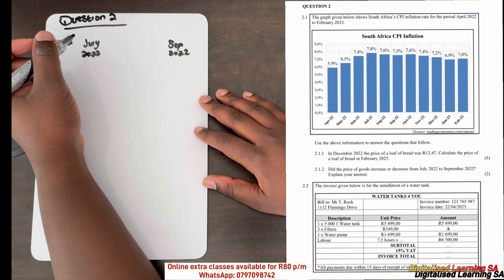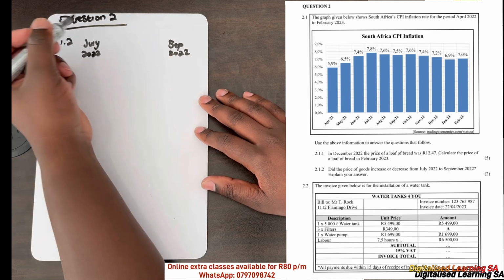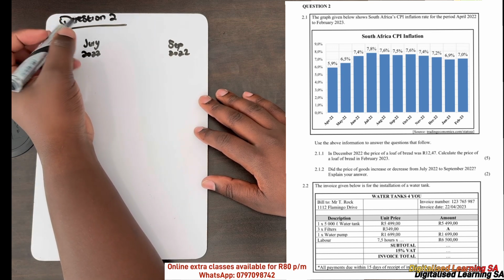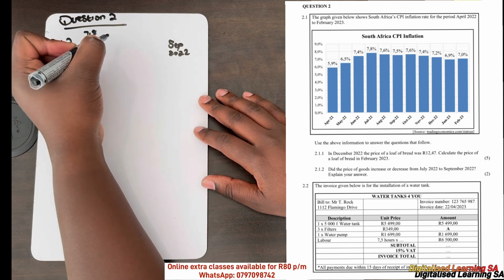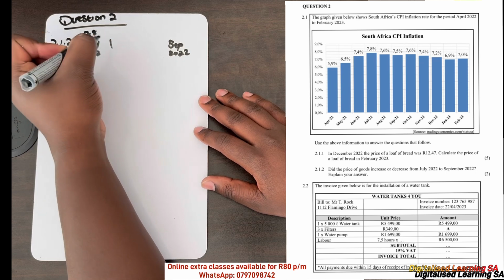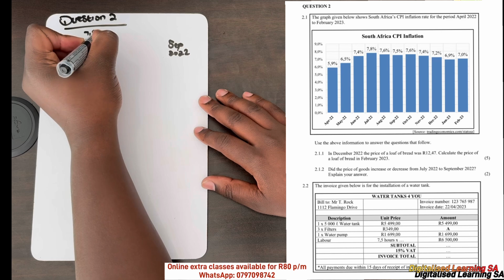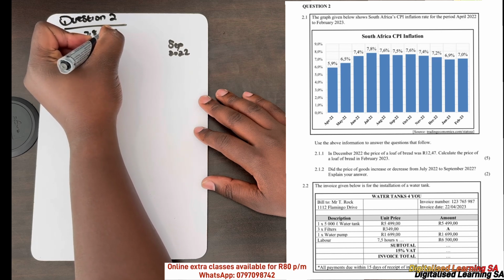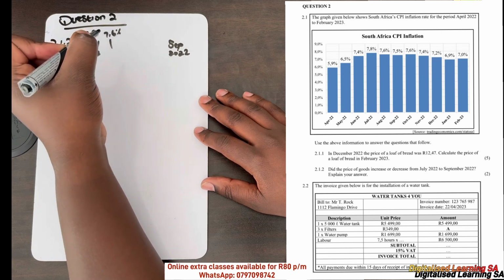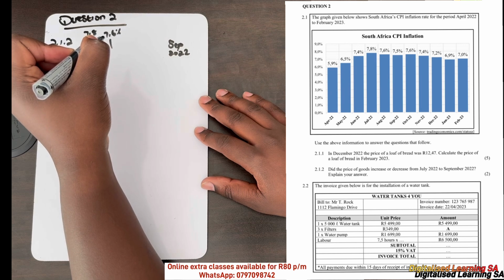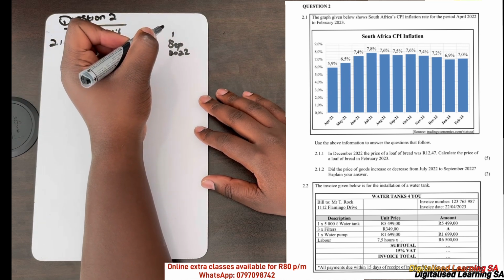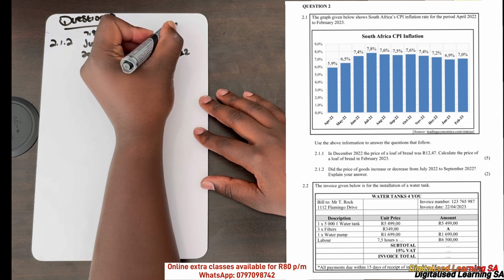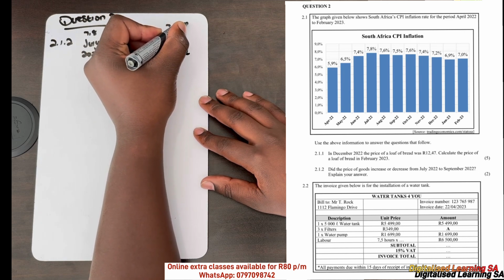Okay, so we can see that in July the percentage was 7.8, and then in August the percentage was 7.6%, and then in September the percentage was 7.5%.